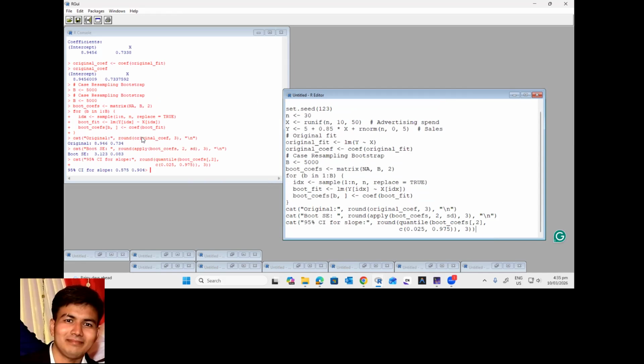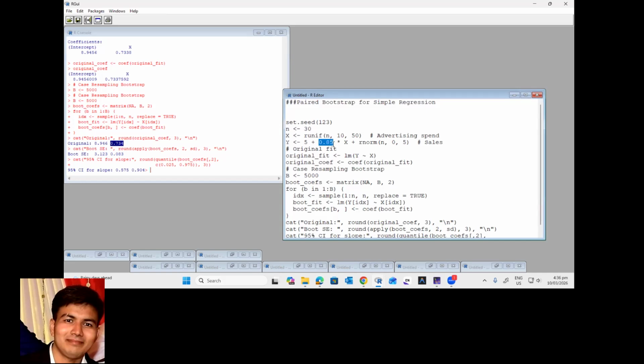In the original model, the beta naught hat was 8.946, and the beta 1 hat that we got was 0.734. That was a little bit far from the true model, because the original value of beta naught was 5. Here we had 8.94 in the simulated one, and beta 1 was 0.85, but we had 0.73. After bootstrapping, it is reduced.